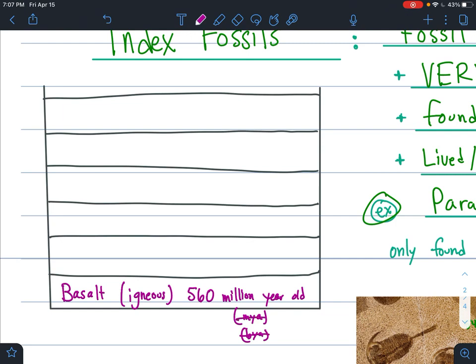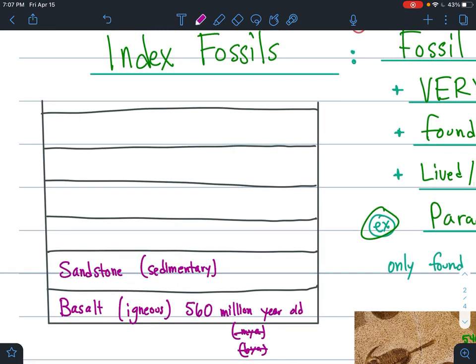So say on top of that basalt layer, we have a sedimentary layer. Let's say this is a sandstone. So it's a bunch of sand that solidifies and becomes sandstone. And again, this is a sedimentary layer. Like I said earlier, we can't use radiometric dating on sedimentary layers, so we don't know the age of that layer. If, though, on top of that layer, we have some feldspar, this, however, is an igneous layer.